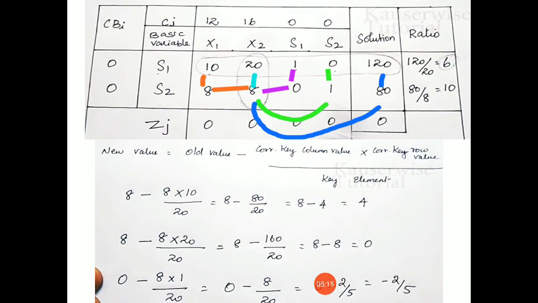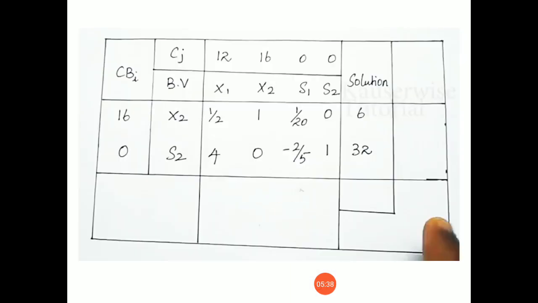For 0, the corresponding key column value is 8, and the corresponding key row value is 1, divided by 20, which is the key element. So the solution is 0 minus 8 into 1 divided by 20, which is minus 2 by 5. I have written minus 2 by 5 as the third element of the S2 row.